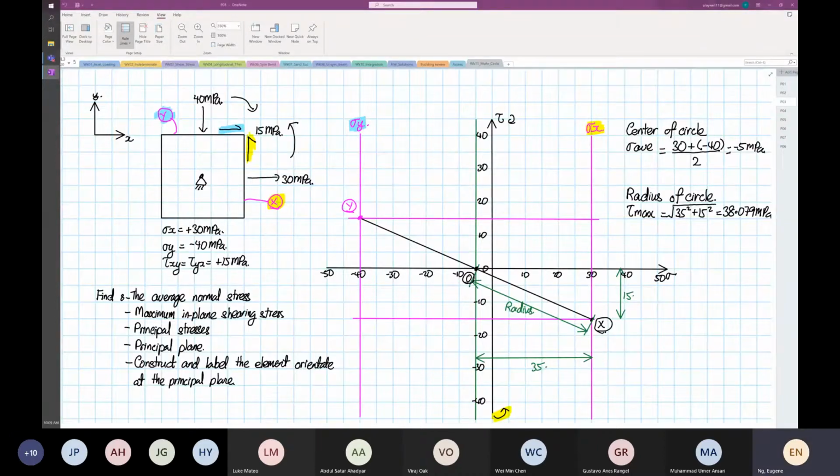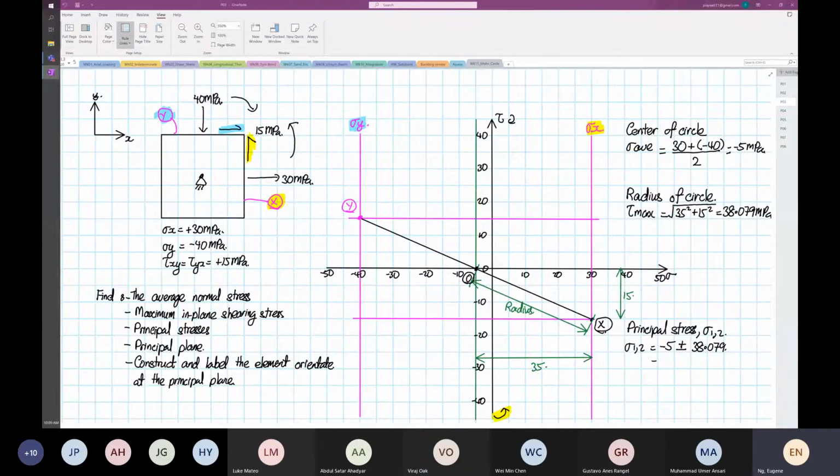So from here, we can also calculate our principal stresses. Yes or no? We can calculate our principal stress, which is our stress 1 and stress 2. Stress 1 and stress 2 is equal to the center of the circle, which is minus 5, plus or minus the radius of the circle, which is 38.079.